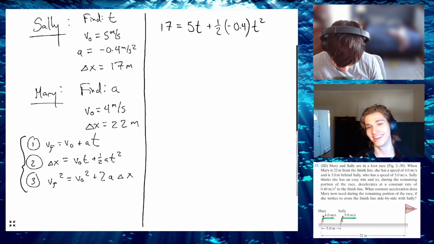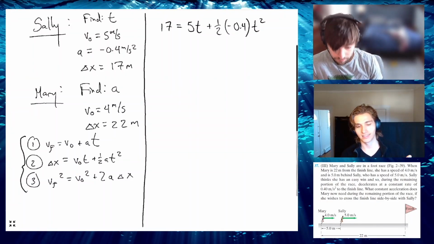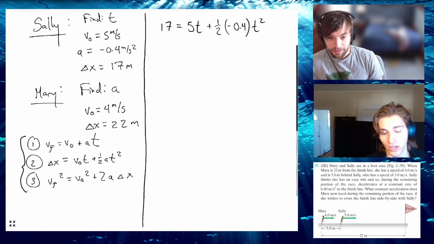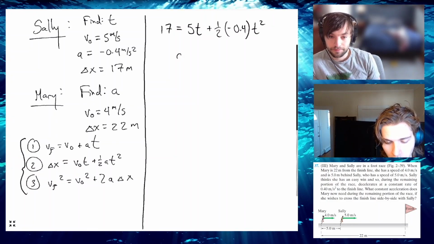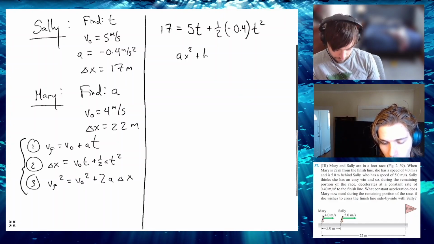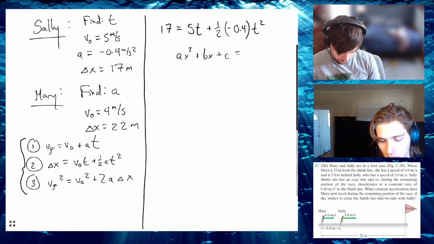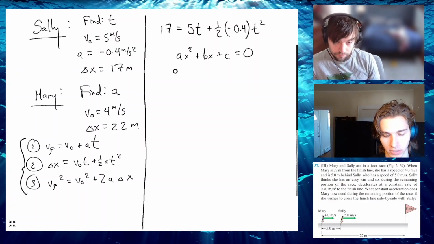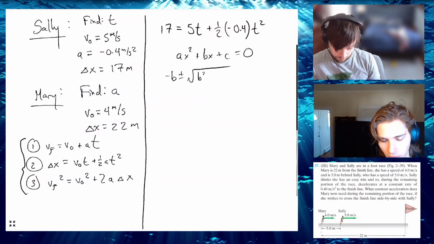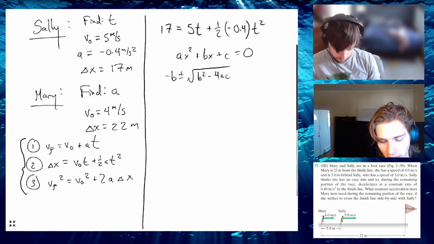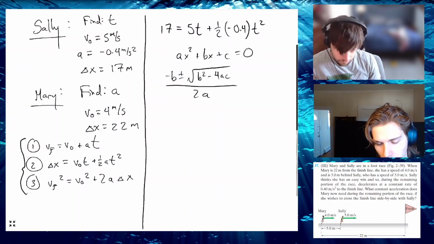This is a little frustrating because this is quadratic. Yes, quadratic. You want to get the equation into the form ax squared plus bx plus c equals 0, and then you want to use the equation negative b plus or minus the square root of b squared minus 4ac over 2a.